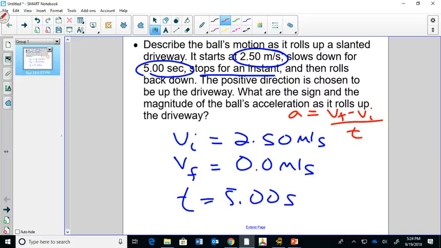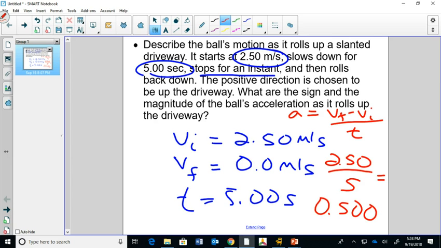So I'm going to solve this by simply plugging in my numbers, right? That 2.50 divided by 5 equals 0.500 with my 3 significant digits, because that's what I start off with.